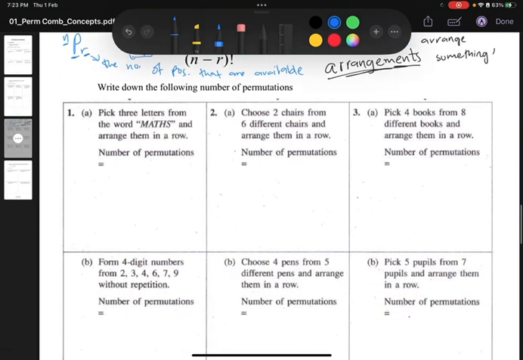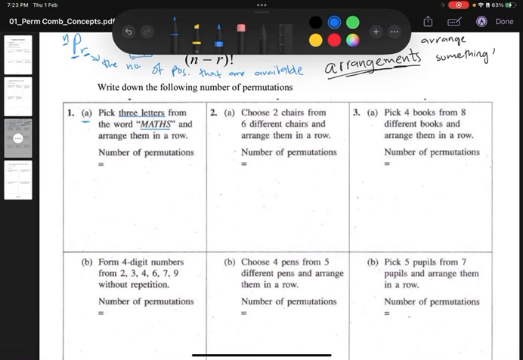So now let's look at some exercises here. Number 1, pick 3 letters from the word maths and arrange them in a row. So we only need to pick 3 letters from the word maths, and we have to find the number of permutations. So the number of ways in which we can have 3 letters from the word maths and arrange them.